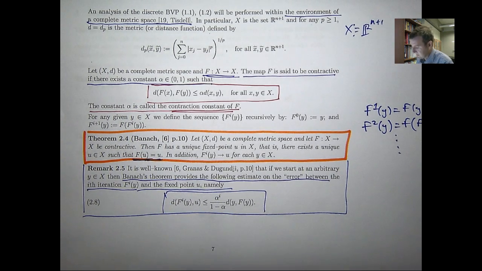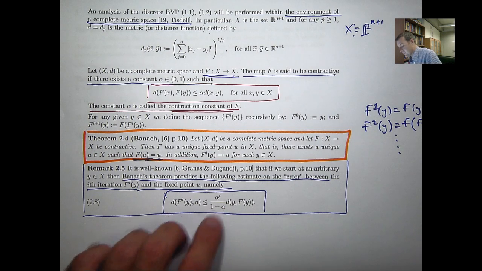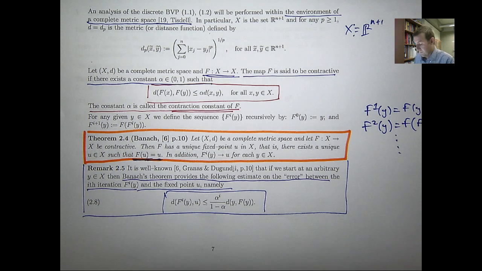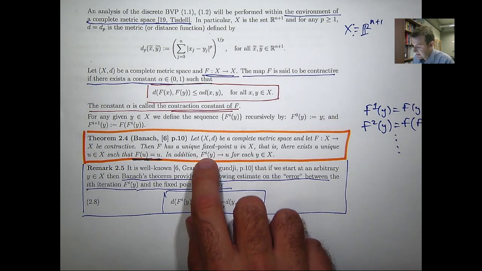Notice this is in terms of the contraction constant. Well, Banach's theorem does quite a few things. It gives you the existence of a unique fixed point, and it gives you a theoretical way of computing or approximating that fixed point through this iterative scheme.